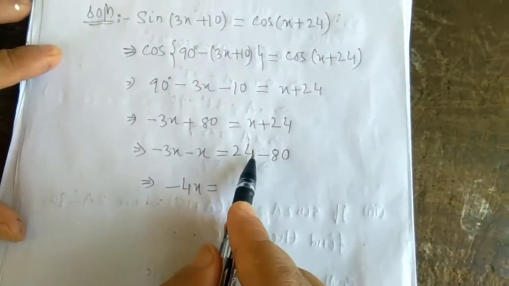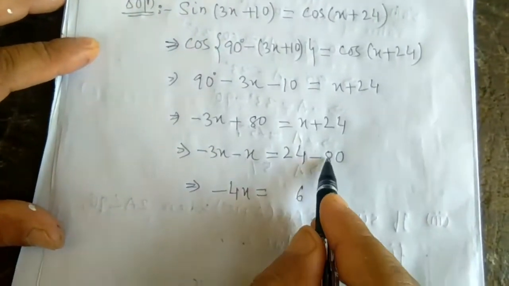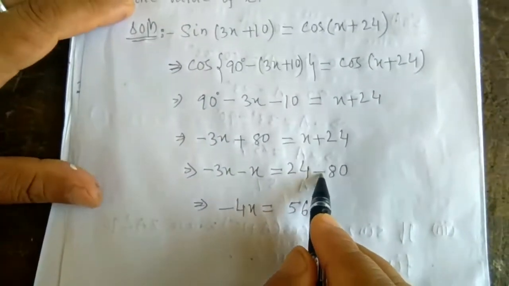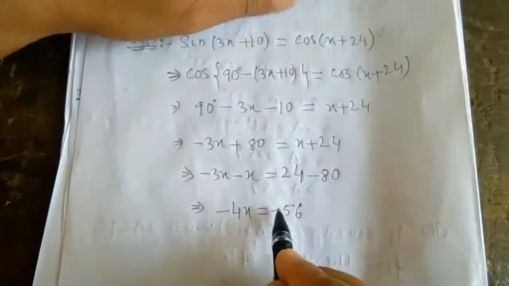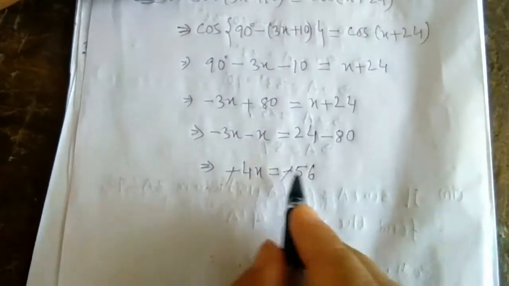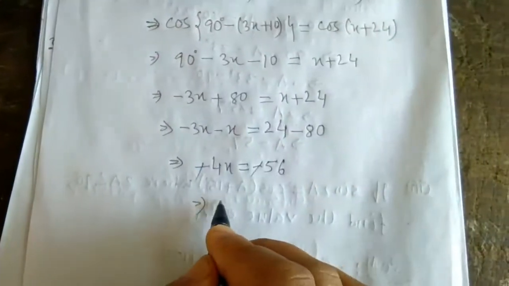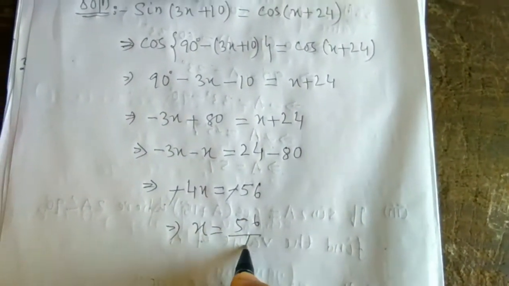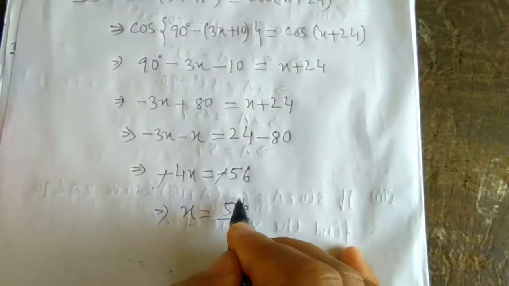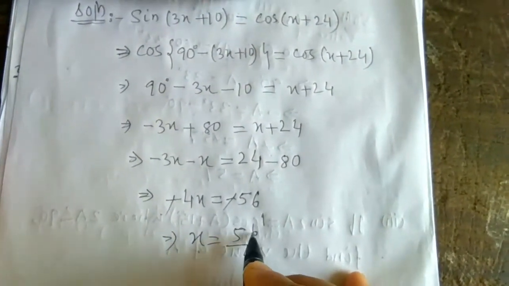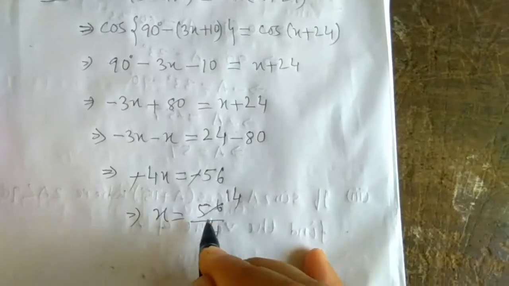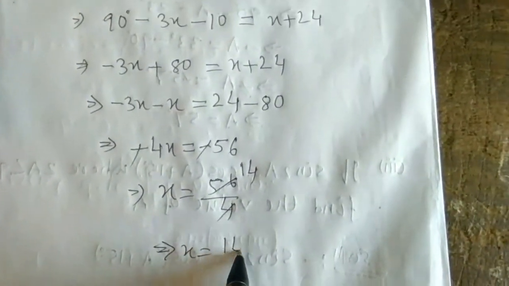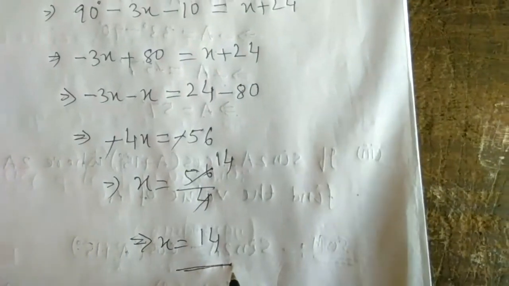Take 1 from 10, 10 minus 4 is 6, here 7 remains, 7 minus 2 is 5, 80 is greater, so negative sign. Minus minus from both sides will cancel, which implies x equals 56 by 4, you divide by 4, 4 1s are 4, 1 remains, 16, 4 4s are 16, so x equals 14. This is the answer. Okay, and this is the last question.